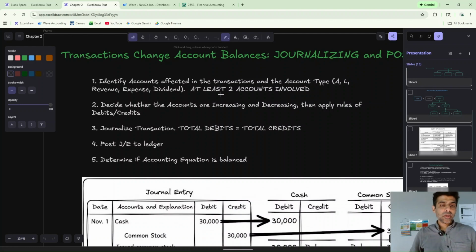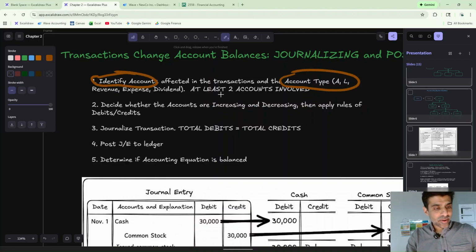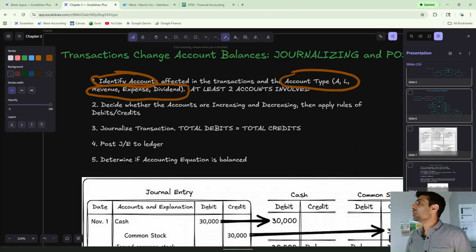Number one, when we have the transaction, we identify what accounts are involved with it. So this is identify the accounts, determine what type of account they are. Is it an asset, liability, revenue, expense, dividend? And make sure there's at least two accounts involved. Okay, that's the first step.